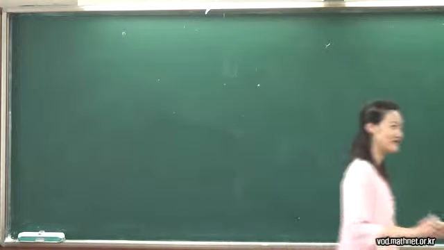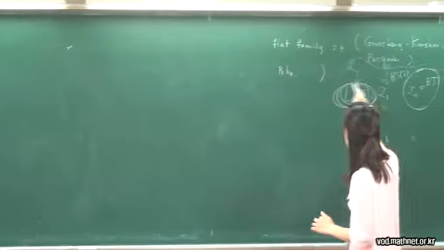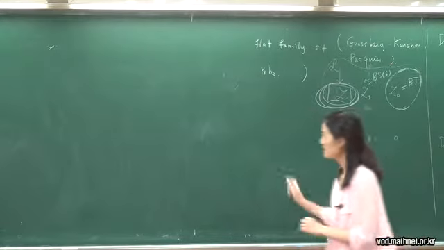Yes, I sort of forgot about the admissible flag. We have to give an admissible flag, so here I will give you the flag of subvarieties of this big space.